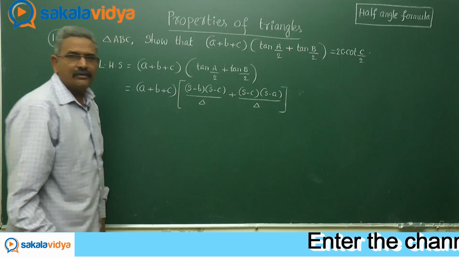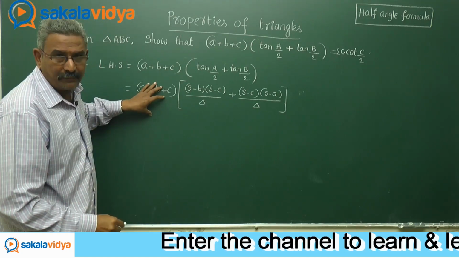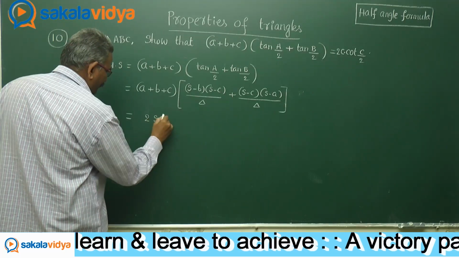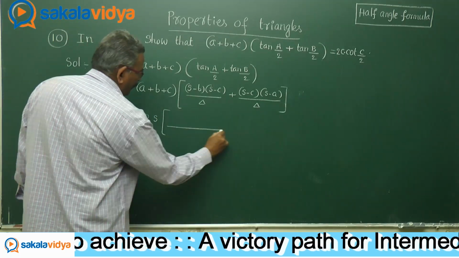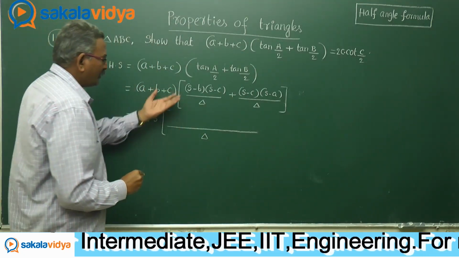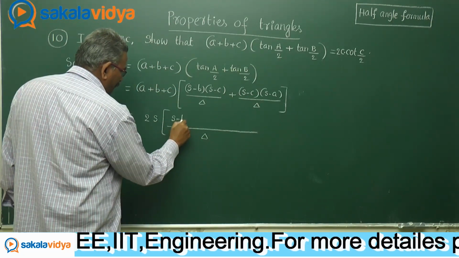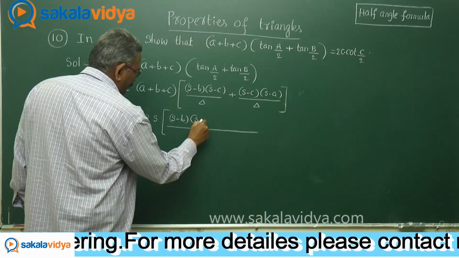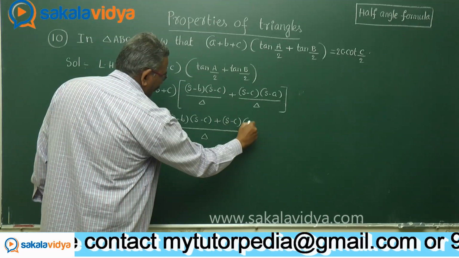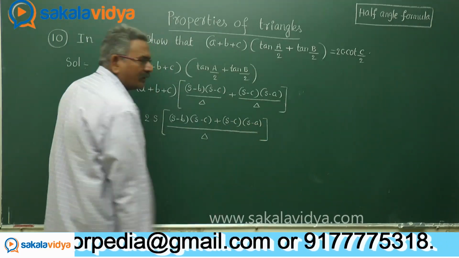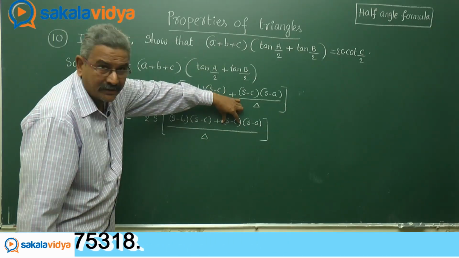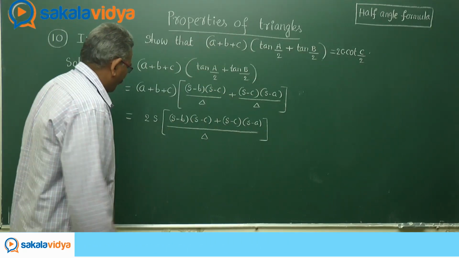Now this a + b + c is being replaced by 2s. This is 2s. Now here the LCM is Δ. What can you write now? (s-b) multiplied by (s-c) plus (s-c) multiplied by (s-a). Now in the numerator we can take out (s-c) common, and also Δ.